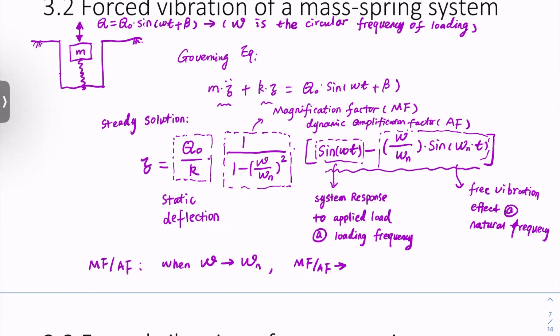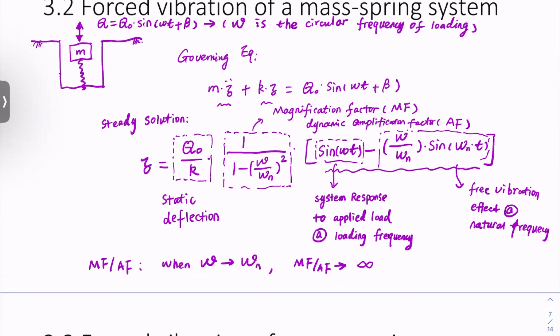It's approaching infinity, right? We're not saying that it's actually 0. So we're talking about an infinite number. What does that mean in reality?